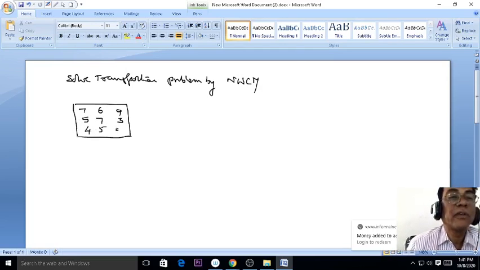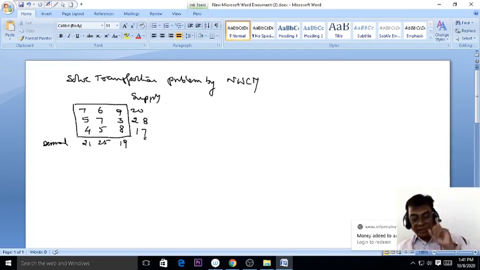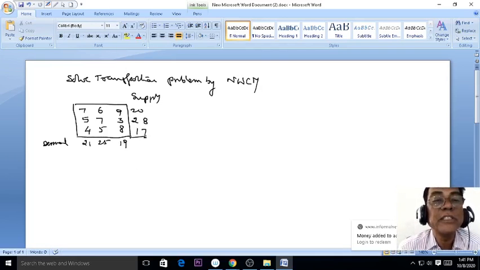These are the costs. The demand is 21, 25, 19, and the supply is 20, 28, and 17. The first point in the transportation problem, if you want to apply any method, please check the total. Check this total.